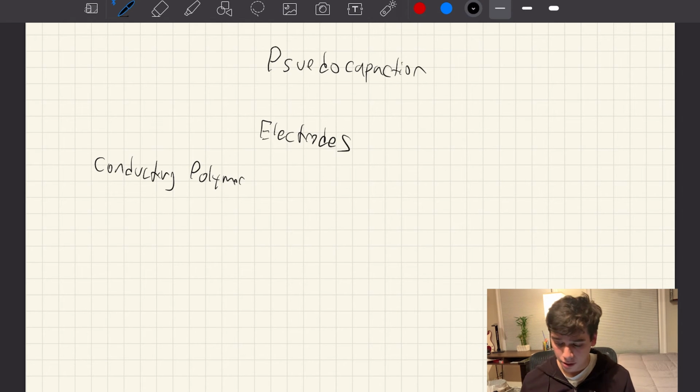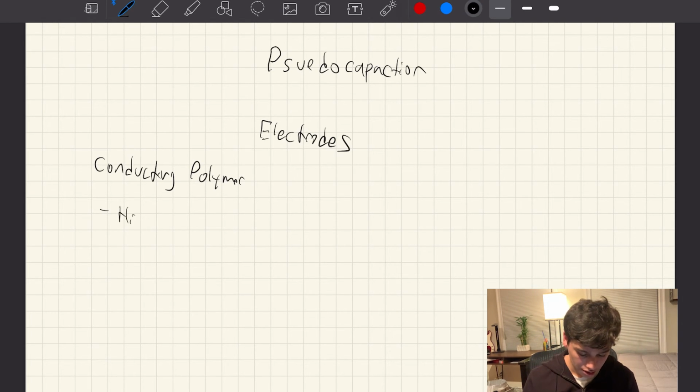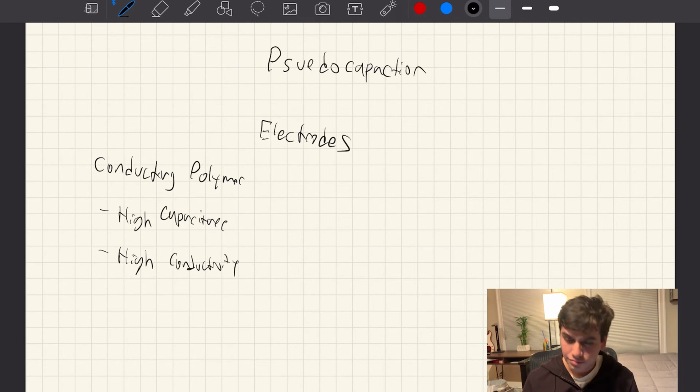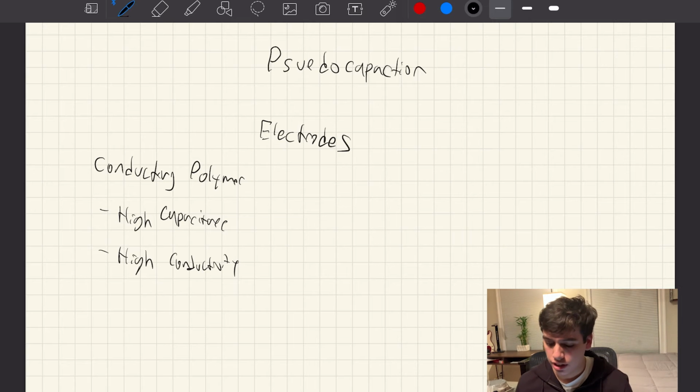The conducting polymer has a high capacitance and high conductivity. So obviously this is a good thing. But what's the drawback of this one?